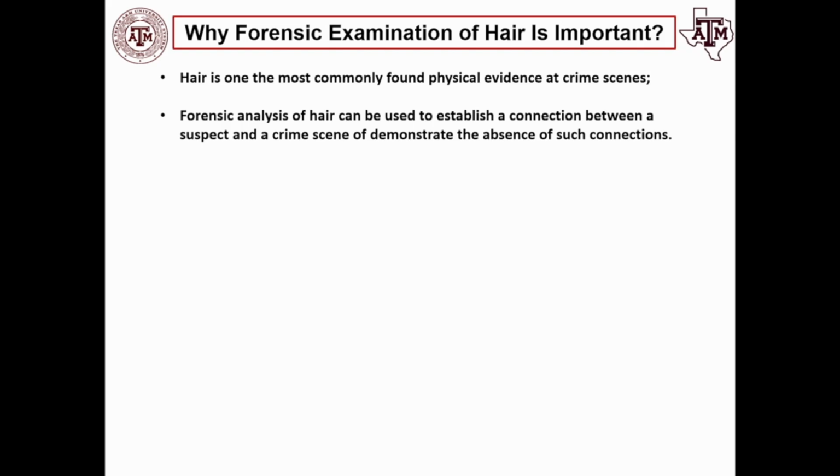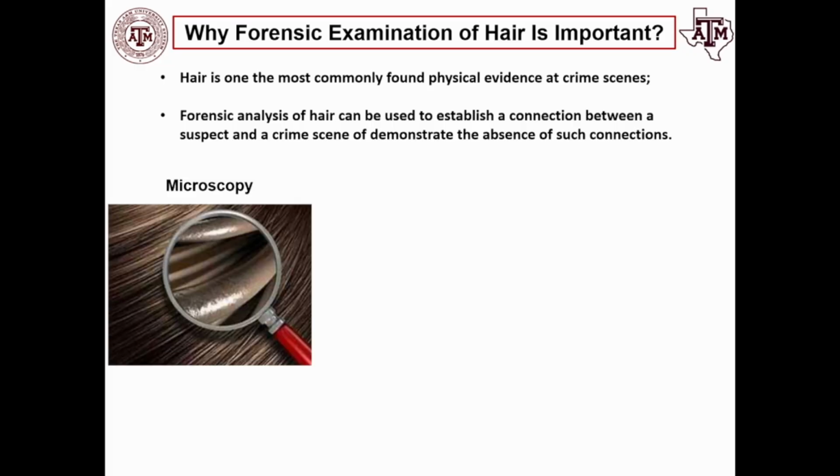Because of the paramount importance of hair, people use light microscopy to examine its visual appearance and texture, and through this visual examination performed by a forensic expert, they can make a conclusion whether the hair has human origin or not, and if it's human origin, where it comes from, whether it's facial hair, scalp hair, etc. And to a large extent, although with many mistakes, the race can be predicted via the microscopic analysis of hair.